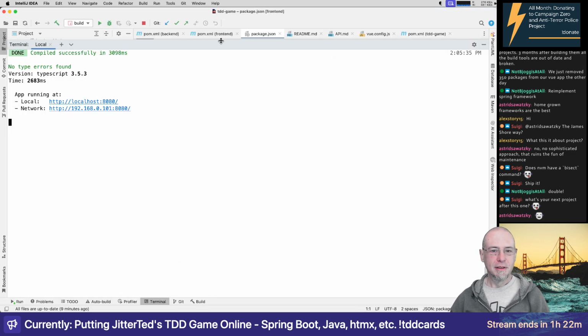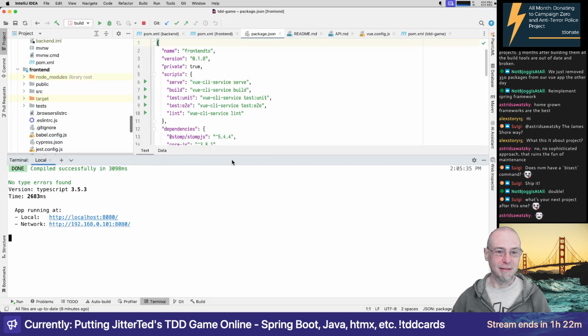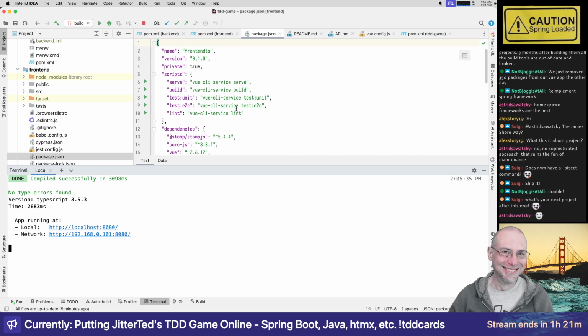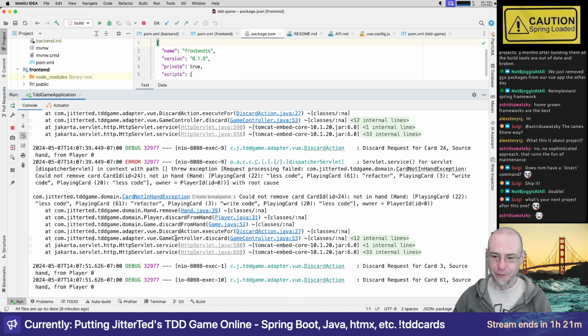That's a bummer. Well, at least it laid it out nicely. Looks good. Doesn't have to work, right? Let's go look at my other terminal here. Apparently it thinks it's not in my hand.